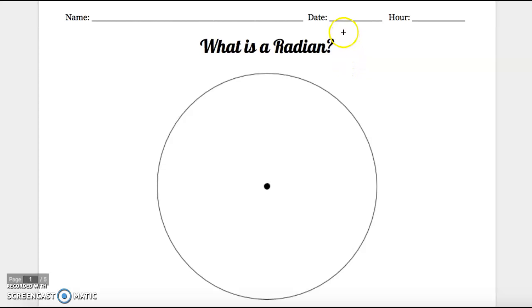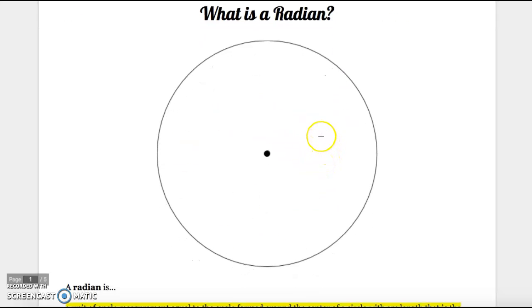And so throughout time, many mathematicians have come up with another way to measure angles, and it actually is dependent on a circle. That is a radian. So basically, a radian comes from this. If you have a radius of a circle, let's say from here to here, that is your radius.